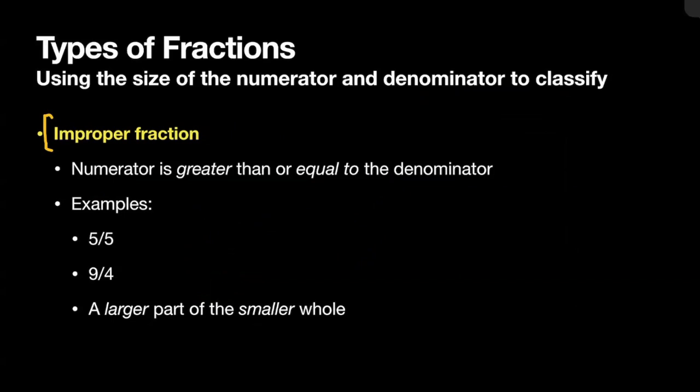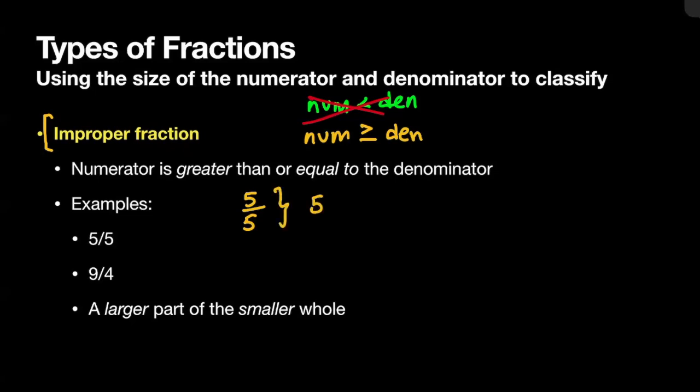So remember, in the proper fraction, the numerator was smaller than the denominator. However, in improper fractions, the numerator is greater than or equal to the denominator. So here are some examples. We have 5 over 5. 5 is equal to 5, so that's good. We have 9 over 4.